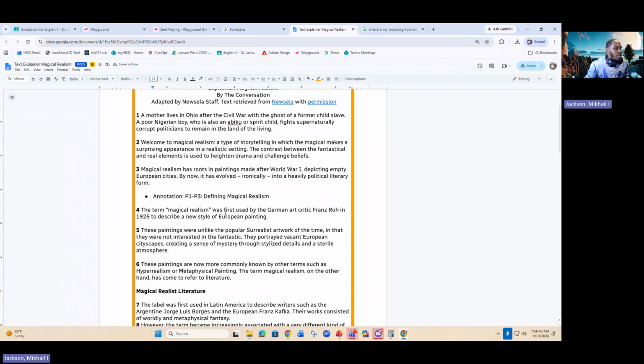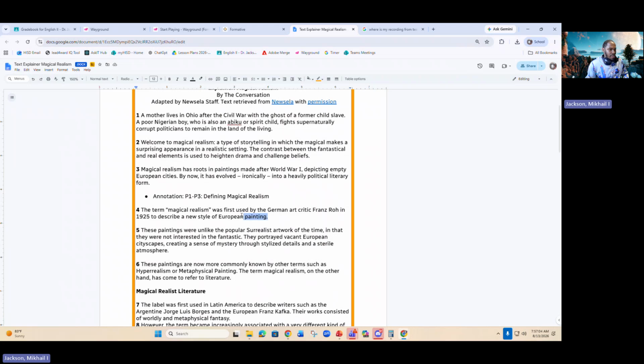The term magical realism was first used by the German art critic Franz Roh in 1925 to describe a new style of European painting. These paintings were unlike the popular surrealist artwork of the time, in that they were not interested in the fantastic. They portrayed vacant European cityscapes, creating a sense of mystery through stylized details and a sterile atmosphere.